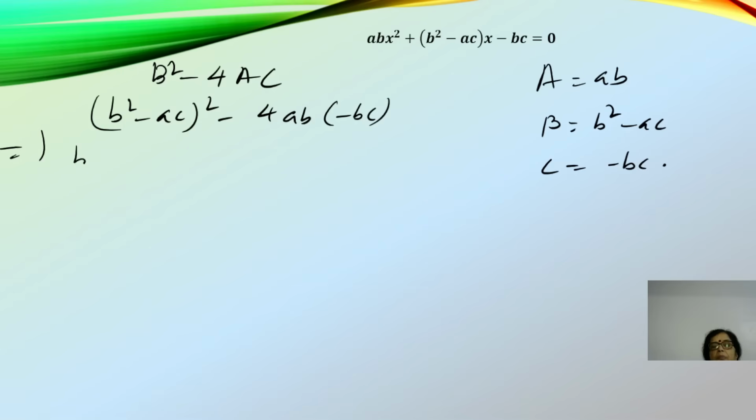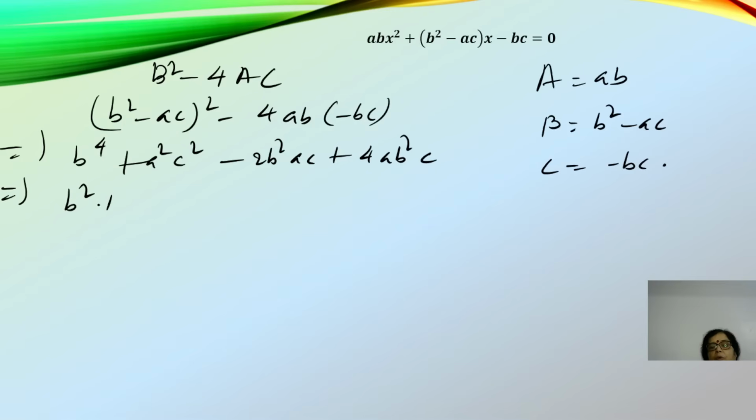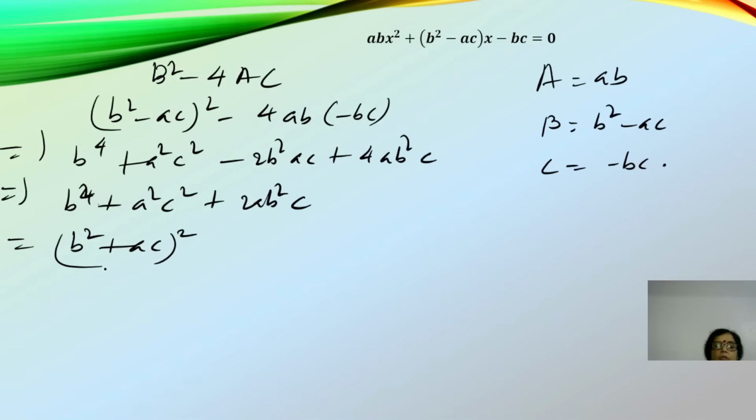So this becomes b to the power 4 plus a squared c squared minus 2b squared ac plus 4ab squared c. So this can be written as b to the power 4 plus a squared c squared plus 2ab squared c. And here we can easily simplify this and write as (b squared plus ac) the whole square. So this is the b squared minus 4ac value.